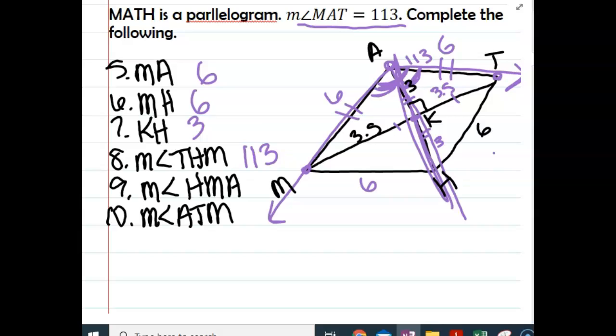So, angle HMA, how would I find angle HMA? 180 minus 113, right? So 180 minus 113 would give me 67. And then to find the measure of angle ATM, that's going to be this little angle right here.